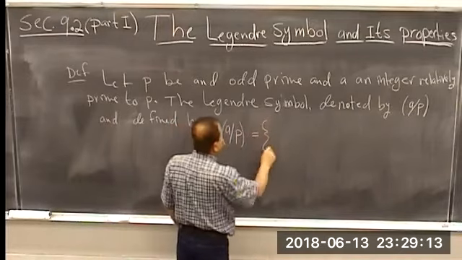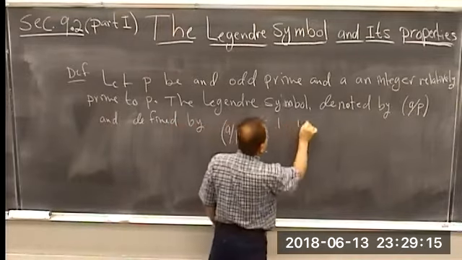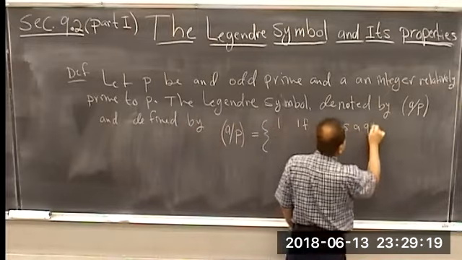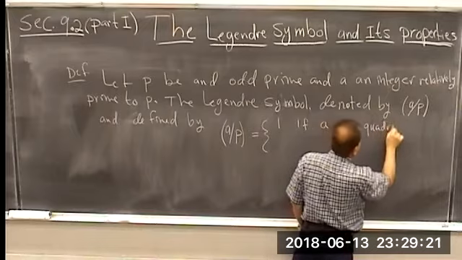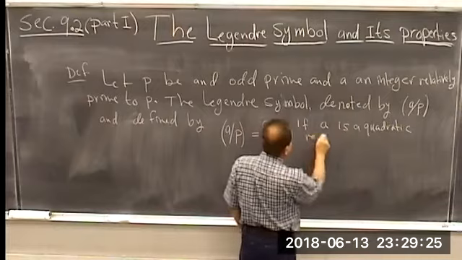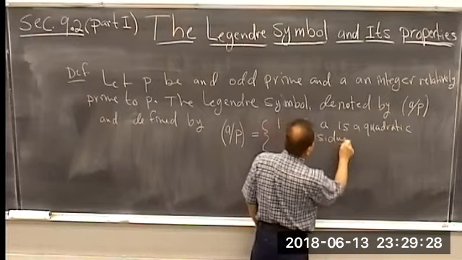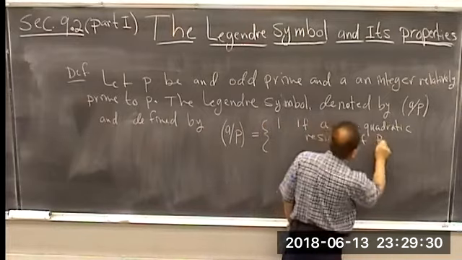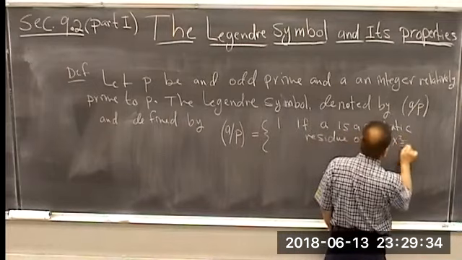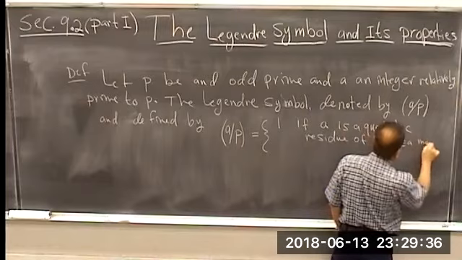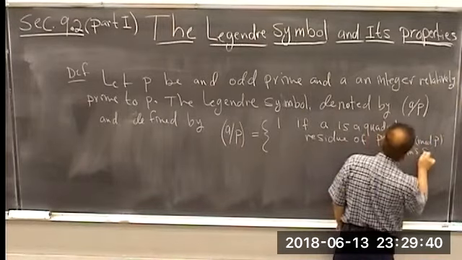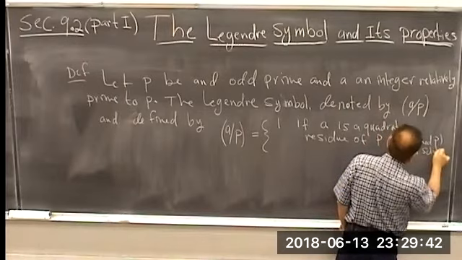So this is equal to 1 if a is a quadratic residue of p. Remember, this is equivalent to saying that x squared congruent to a mod p has a solution. Of course, an integral solution.